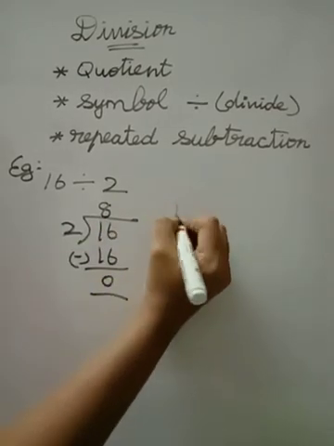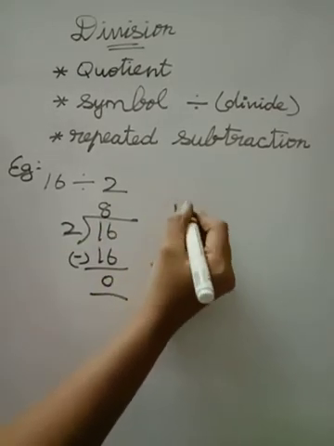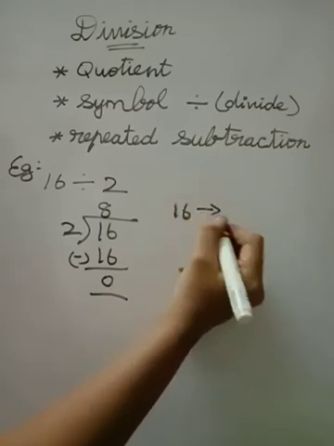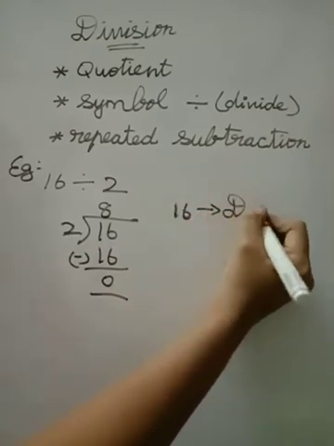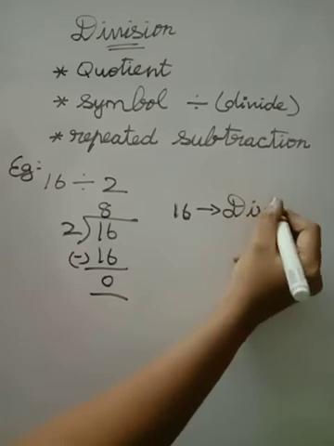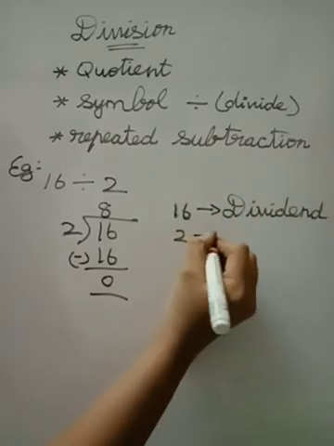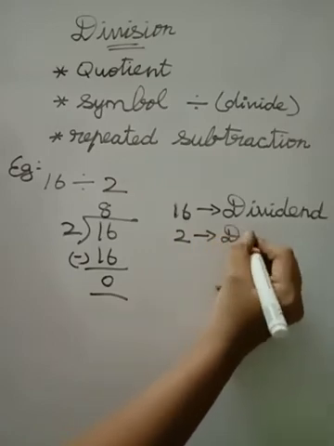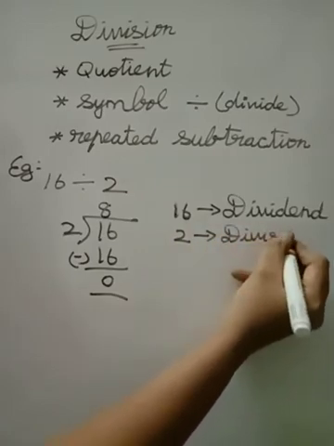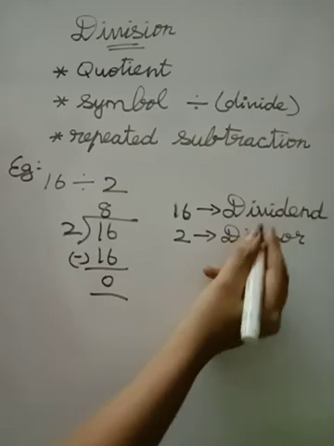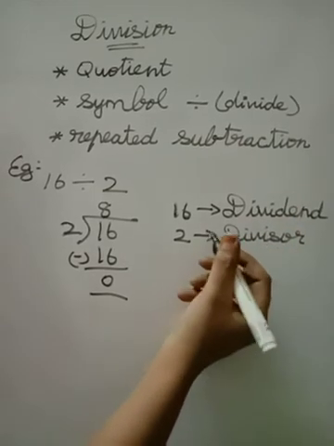So here the number 16 is called the dividend. The number which we are going to divide is called the dividend. And the table we used is called the divisor. You should know the names, which number, where we are writing, what it is called.